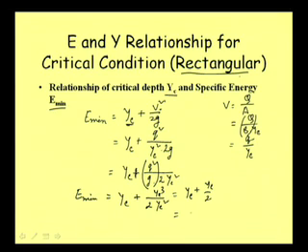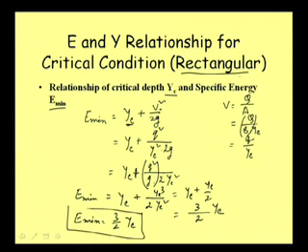So this is nothing but 3 by 2 into y c. So, E minimum is equal to 3 by 2 into y c, or this can be written in the form that y c is equal to 2 by 3 E minimum.